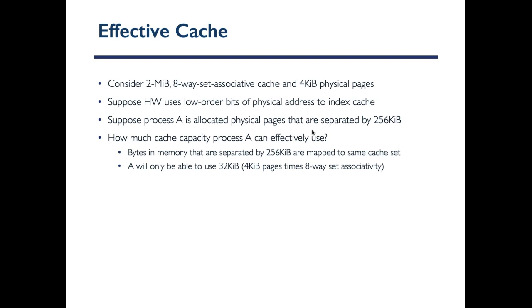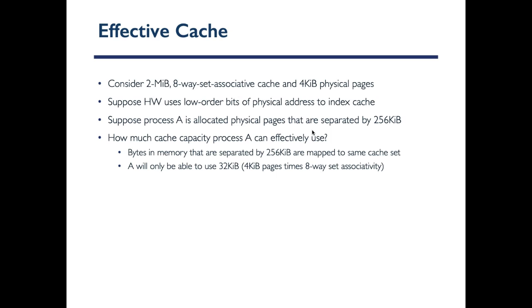Now, if you have a 2 megabyte cache, which is 8-way set associative, then you have 8 blocks within each set that can hold your data. So every page will be mapped to the same set, and every set is an 8-way set.